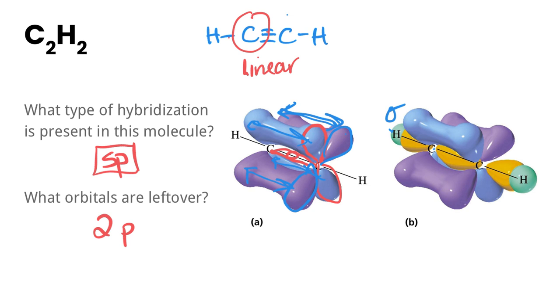So we would say the triple bond has one sigma and two pi bonds, and then each CH is just a sigma bond. So that's three great examples of sigma and pi bonds, what they look like, and how this overlap happens. That's it for this video. We'll see you in the next one.